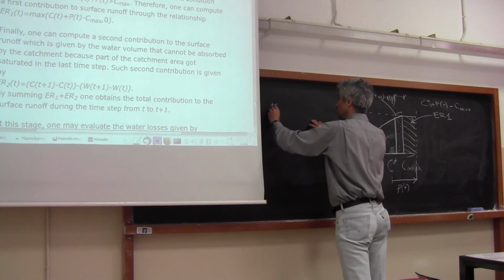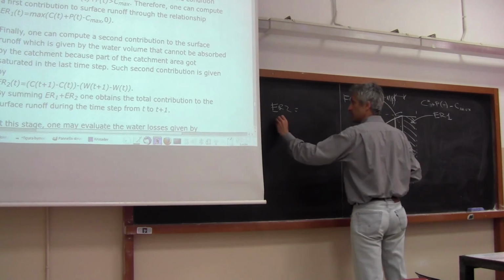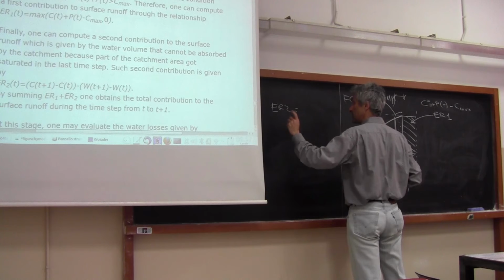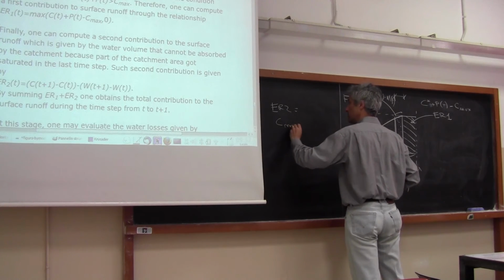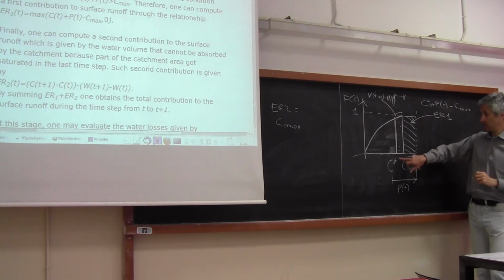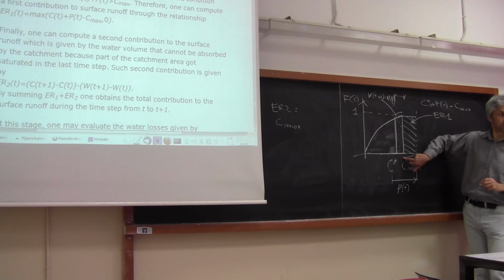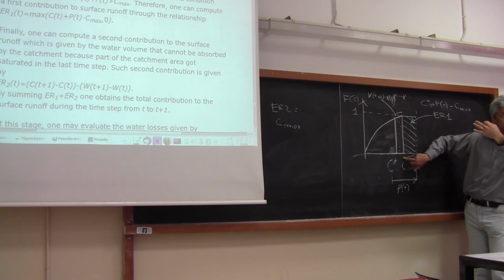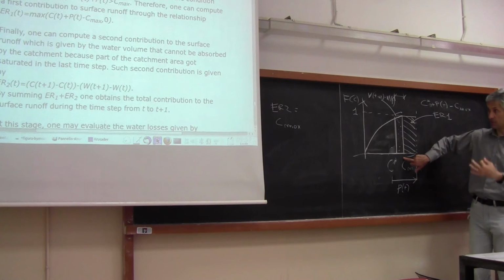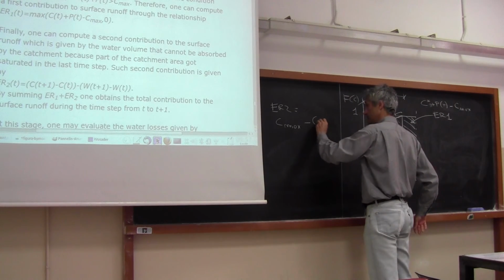ER2 is equal to what? First of all, you have CT plus 1, but CT plus 1 is Cmax. Because you see here, from C star, you get to Cmax. And then C doesn't increase anymore. So CT plus 1 is Cmax minus C star.